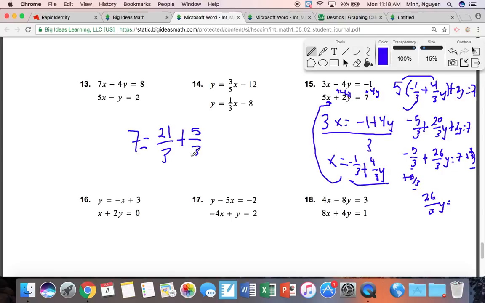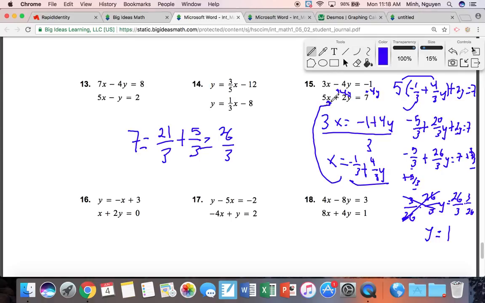So 5/3, that's 26/3. 26 over 3 times what is 26 over 3 times 1? Or if it makes you feel better, you can multiply by the reciprocal. But if you do it on one side, you got to do it to the other side, and you get y equals 26 times 3 divided by 3 times 26, which is 1.